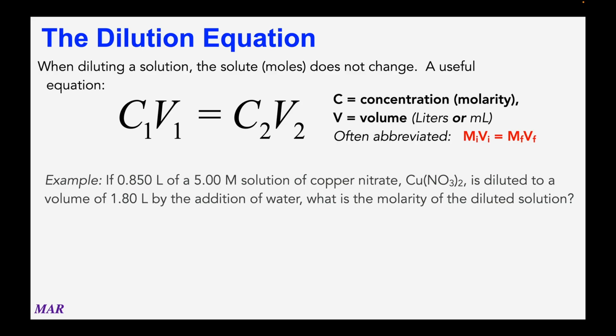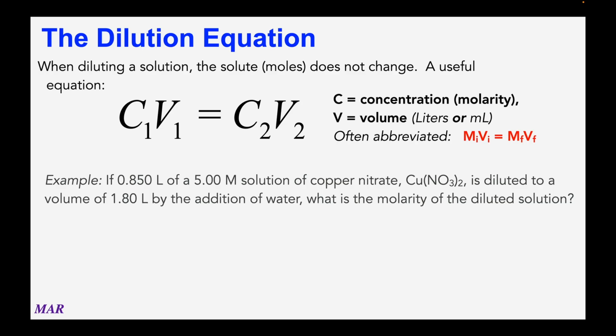So that means you're going to add something like 0.95 liters of water. It's not that you're adding 1.80 liters to 0.850 liters. That's an important designation to make, and we'll talk about that here in a little bit. So in this question, we're just taking the 0.850 liters and adding enough water to make 1.80 liters.